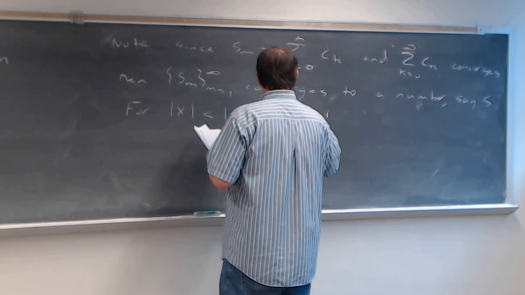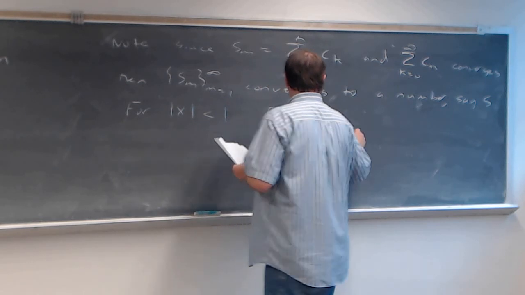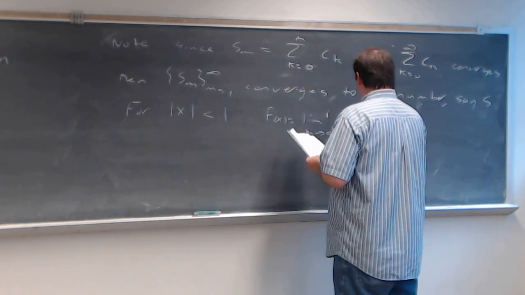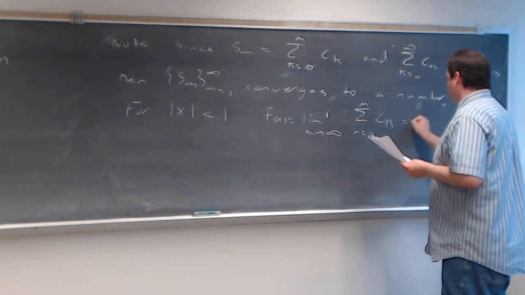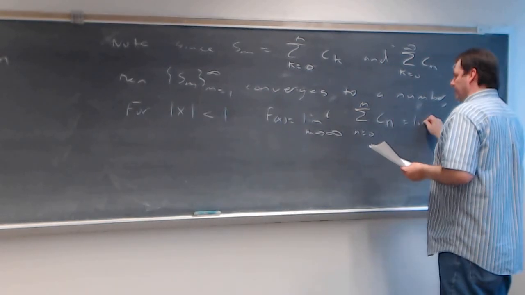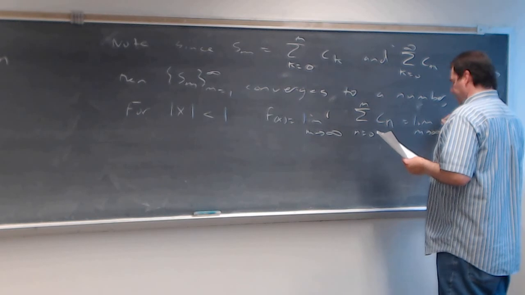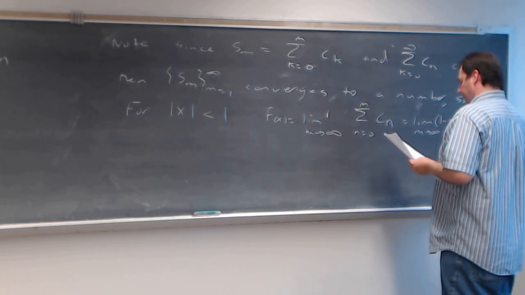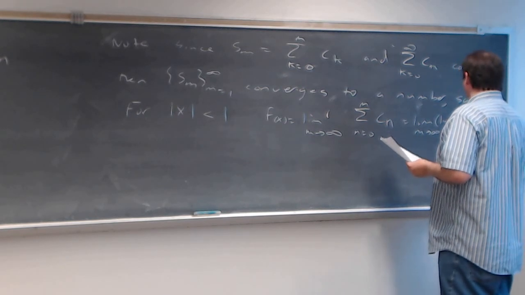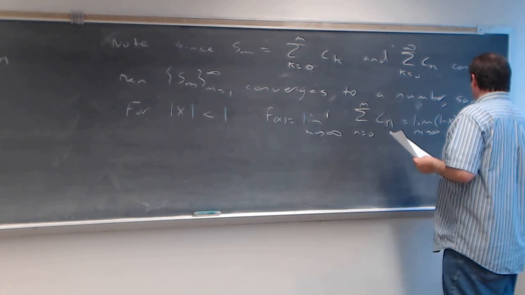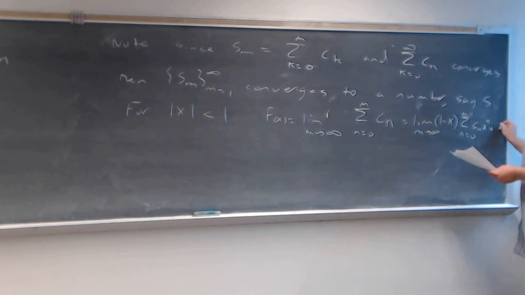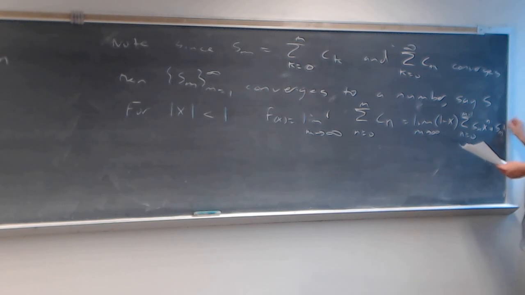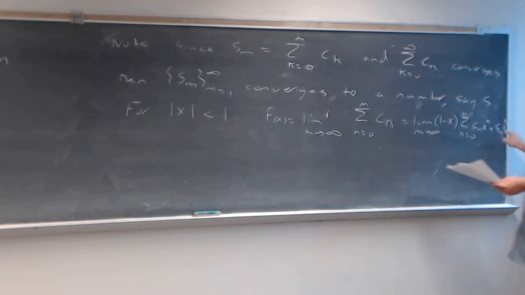alpha of x is equal to the limit as m goes to infinity of the sum as n runs from 0 to m of the c sub n's, which we've shown is the same thing as the limit as m goes to infinity of 1 minus x times the sum as n runs from 0 to m minus 1 of s of n x to the n, plus one more term, s of m x to the m, but this part goes to 0.